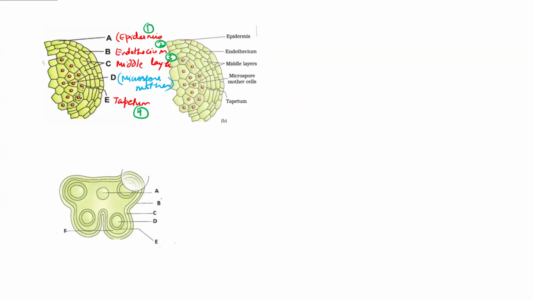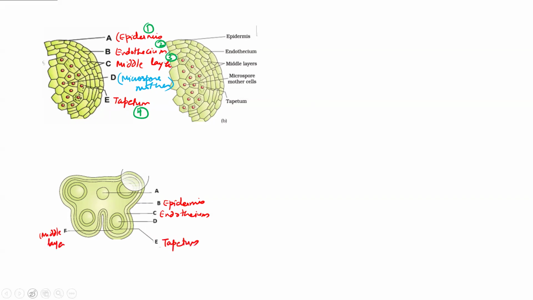Now see next. This is the diagram of the young anther. Again, the same: this is epidermis, this is endothecium. Please focus, this is the middle layer. Please remember, the middle layer is on this side, and this is tapetum.